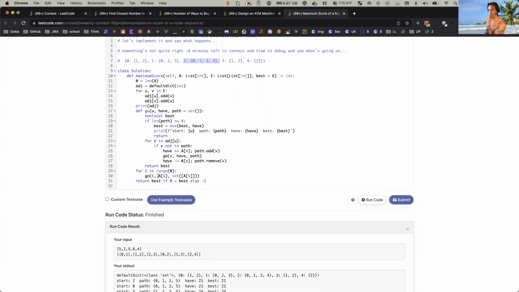Starting at each ith value, we have A sub i, and we've seen the set of ith nodes. V is adjacent to u, so this is the problem, right?